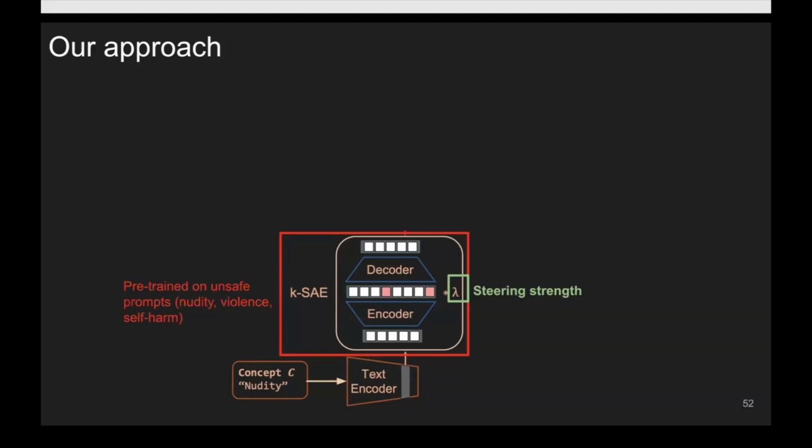So the steering was our way to really understand if these are truly monosemantic. If I give just a concept like nudity, the assumption is this is a monosemantic concept. If one of the model's internal units has really captured that concept, then steering only that should change only this concept and retain everything else.